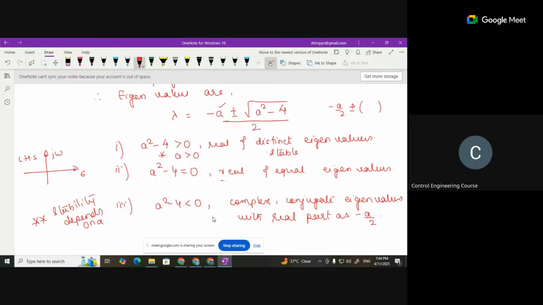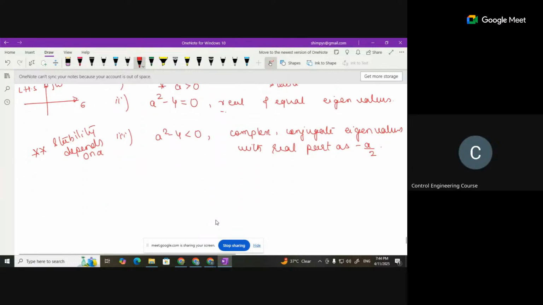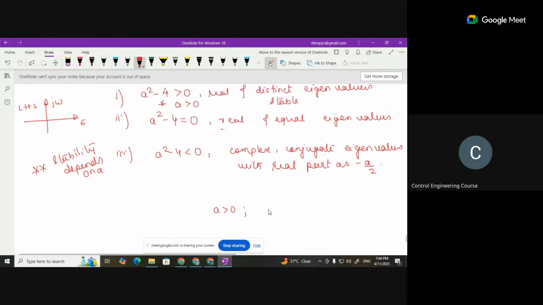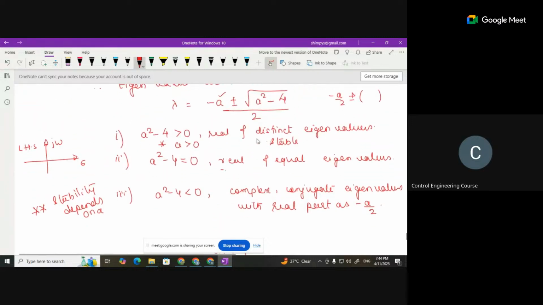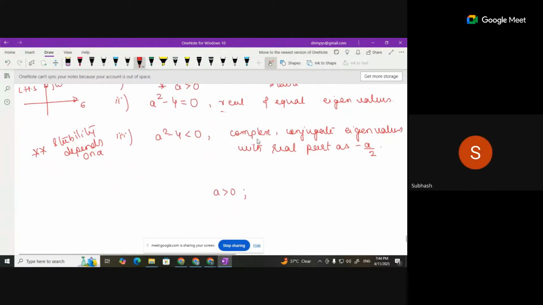Okay, I'm just giving you a situation. Now I'm telling you A is greater than 0. You tell me, will the system be stable or not? Yeah, it will be stable.